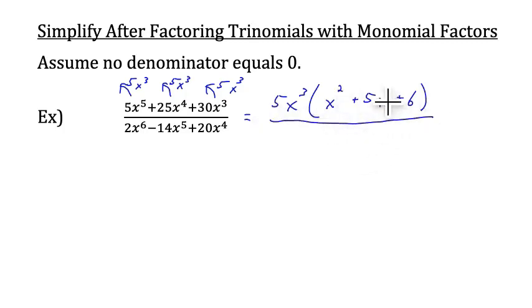Might be some more factoring here, but let's go ahead and see if there's a monomial factor that we can factor out of the denominator. All right, we notice that we can divide each of those three terms by 2, so let's factor out a 2. And the smallest power of x is x to the 4th power, so we can certainly factor out x to the 4th power from all three of those terms also.